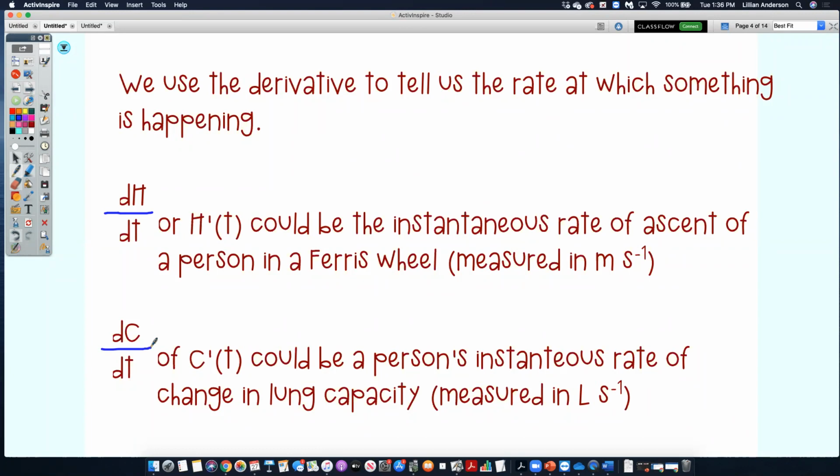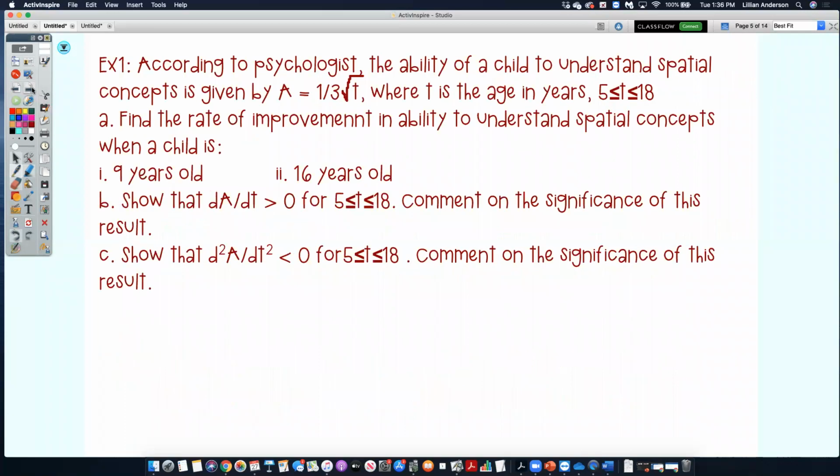Liters per second, et cetera. Okay, now these are just examples here. I'm trying to get you that whole idea of rate of change is the derivative, and basically as your dependent variable, whatever it is, is changing, as time is changing, increasing, decreasing, so on and so forth.